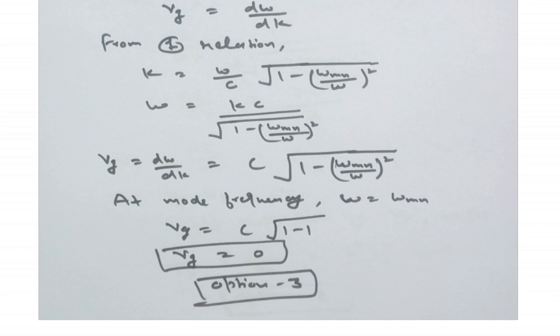Now we have to calculate the group velocity at mode frequency. Now at mode frequency omega will equal omega mn. So that will become c under root 1 minus 1, which is equal to 0. So here the group velocity will equal 0. So that is the right answer, which is option 3.